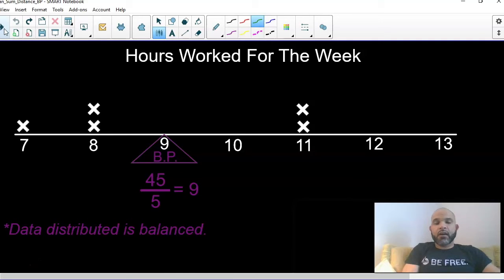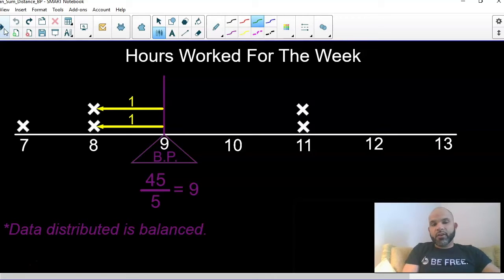All right. Now, how do we check the balance? Well, what we do is we count the distances for all of the points that are below the balance point, to the left of the balance point, and all of those that are to the right or above the balance point. So we have one point that's 1 unit away from the balance point.